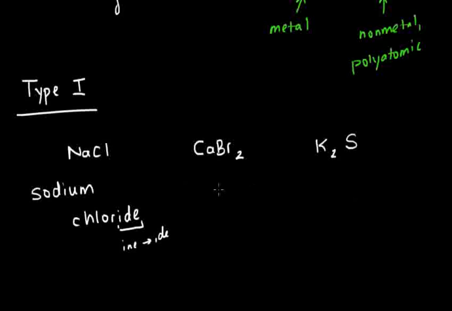And similarly, you'll see here, this is calcium bromide. I've taken the cation and left it as it is in its elemental name. But for the anion, I've changed the ending. I've changed the ending of the anion from INE to IDE.